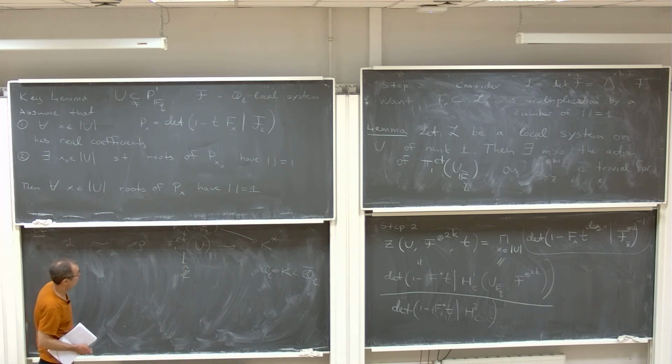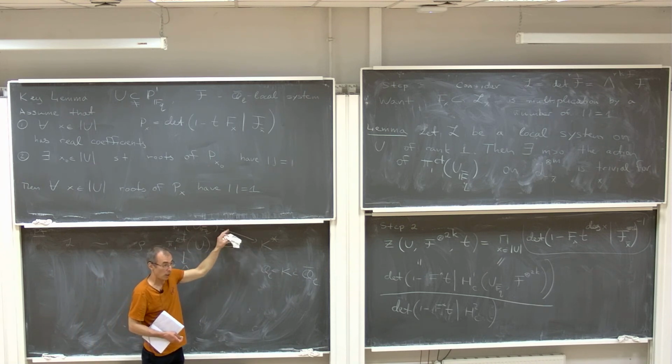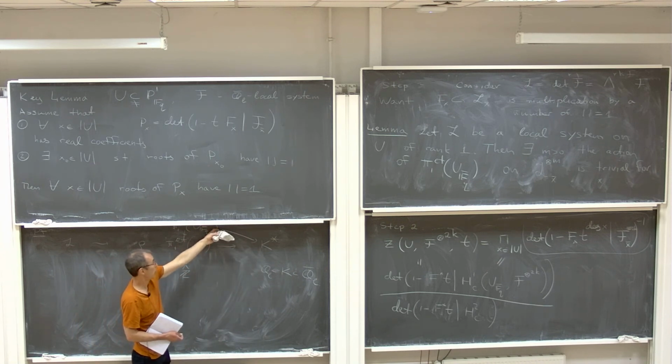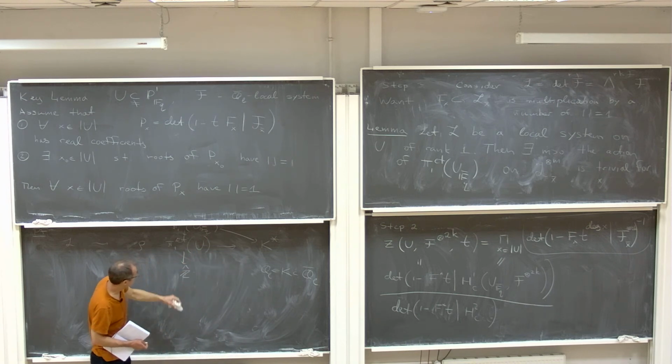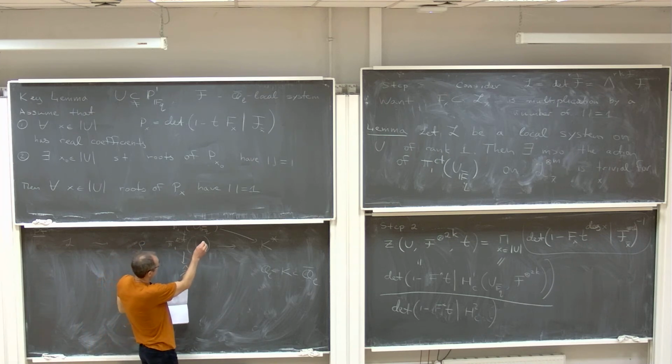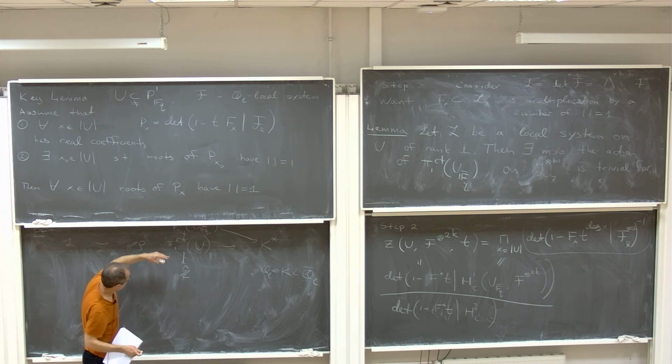So this is an abelian representation, so it factors through the quotient of this group modulo the commutator. And so what can you say about it? I have a character of this group that extends to a character of this larger group.